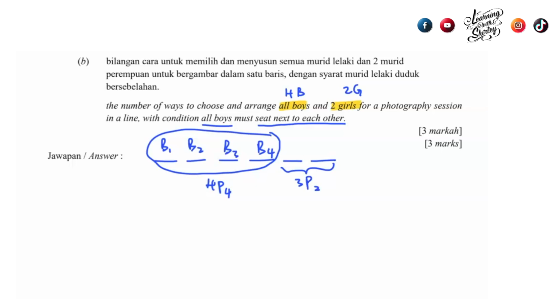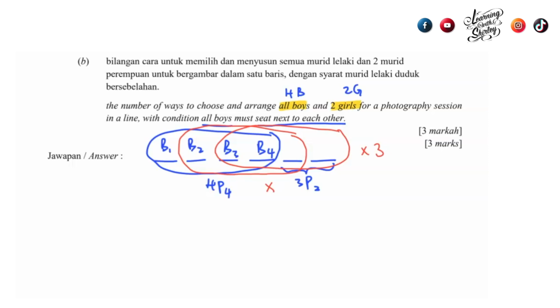But the 4 boys can also sit in other seats. The first way is the first 4 seats occupied, or the second until the 5th, or it can also be these last 4. Which means you have to times 3. So the answer will be 4P4 times 3P2, then times 3.